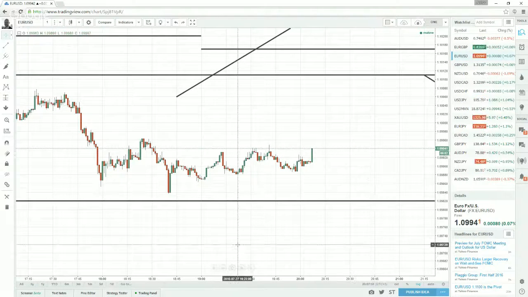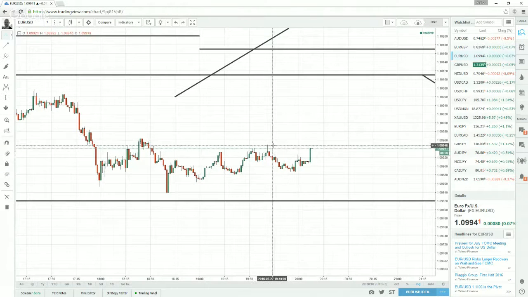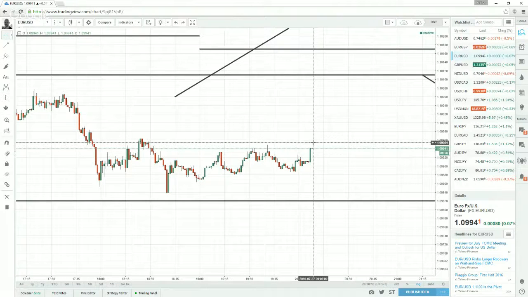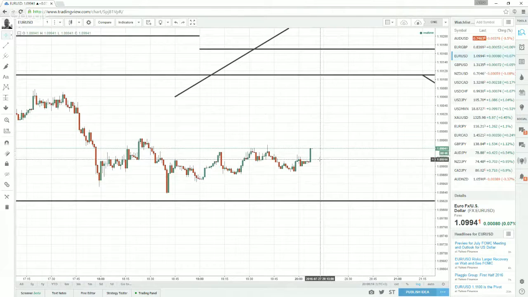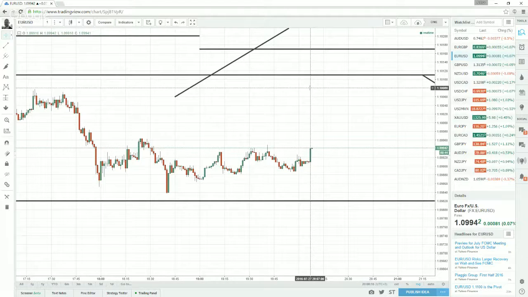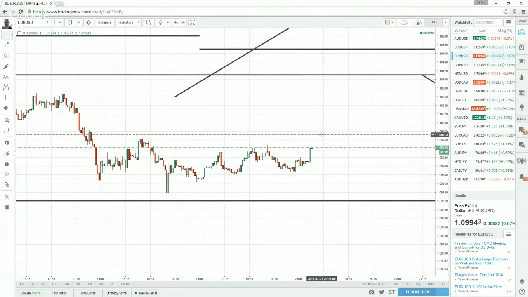So what do we wait for? We are not placing any orders before the news is coming out. We wait till the price breaks through one of these levels. When it breaks one level, the first minute will close, and the second and third minute will possibly show us some kind of correction.